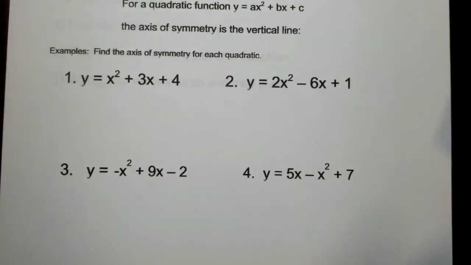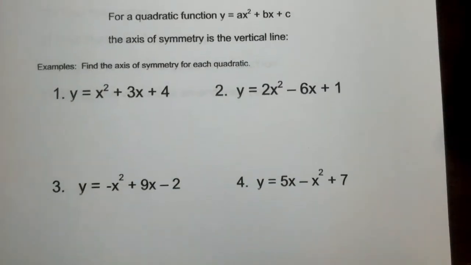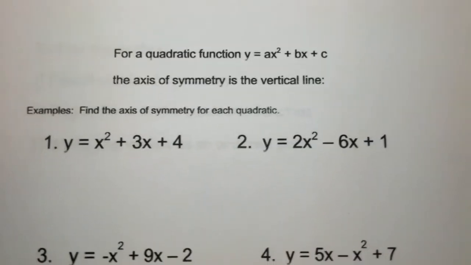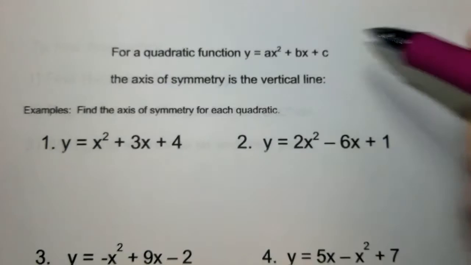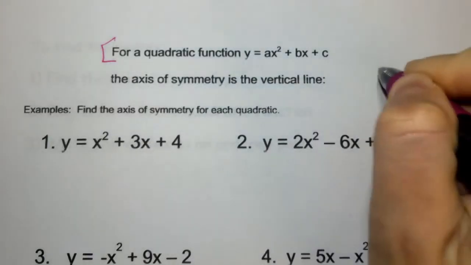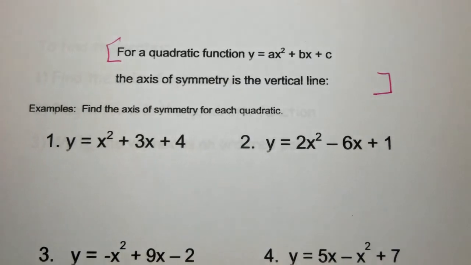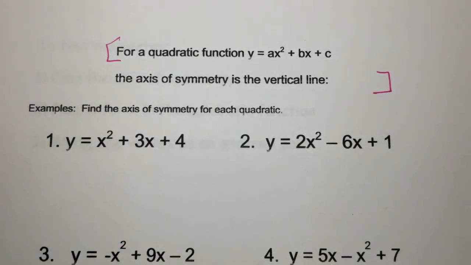Alright, so now this is going to be more of a focus in making sure we understand how to find it without a graph. So make a note of this whole section up here. I would pause maybe this video now and start writing some of this.